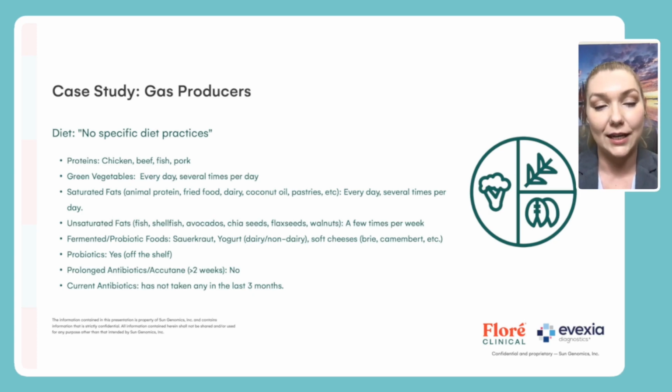They also eat saturated fats, and these could be animal proteins, fried food, dairy, coconut oil, pastries. He's eating those several times per day. Unsaturated fats, he's only eating a few times per week. And the fermented probiotic foods he identified in his diet were sauerkraut, yogurt, and soft cheeses.